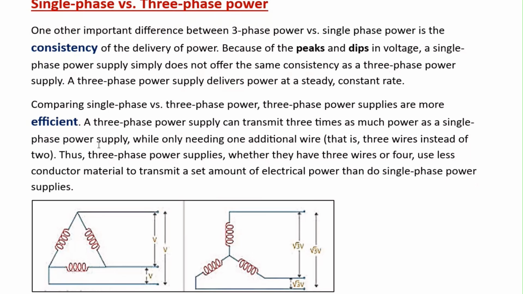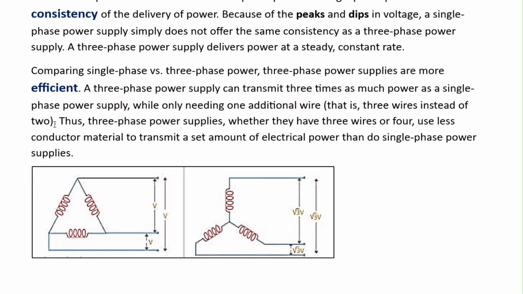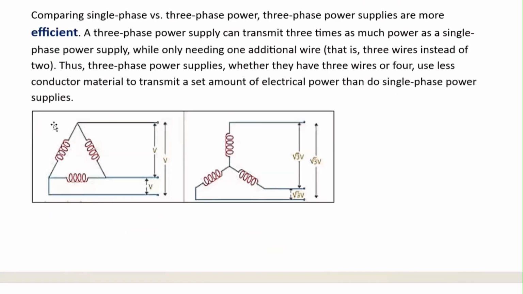So the power supply of three phase is more stable as compared to single phase supply. Three phase supply is also more efficient if we compare in terms of efficiency.